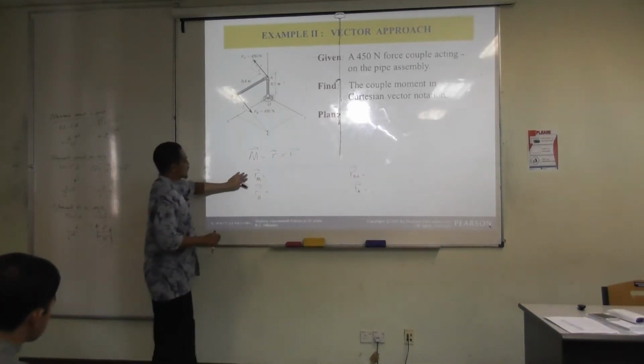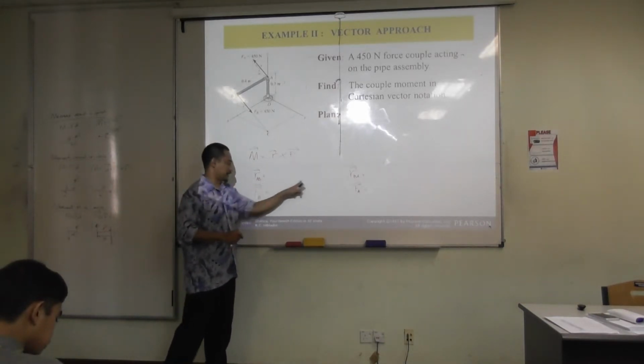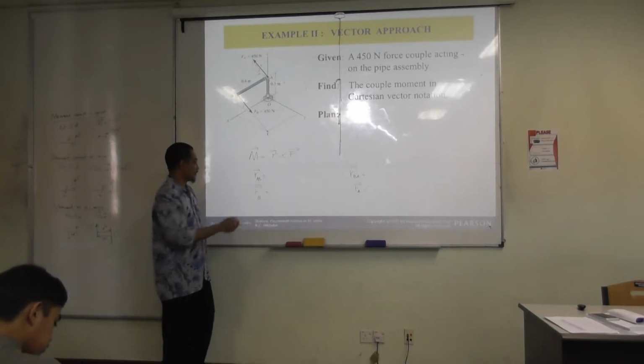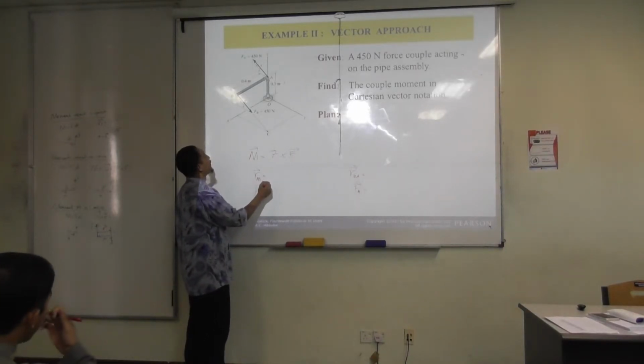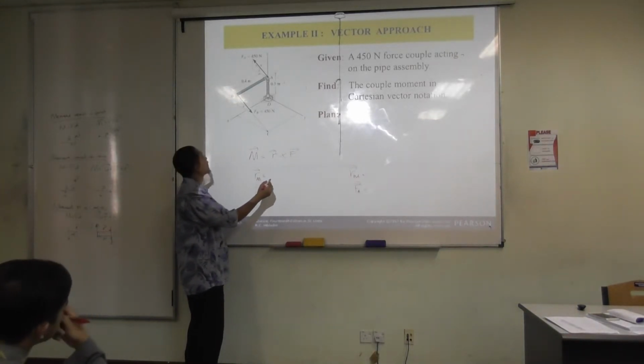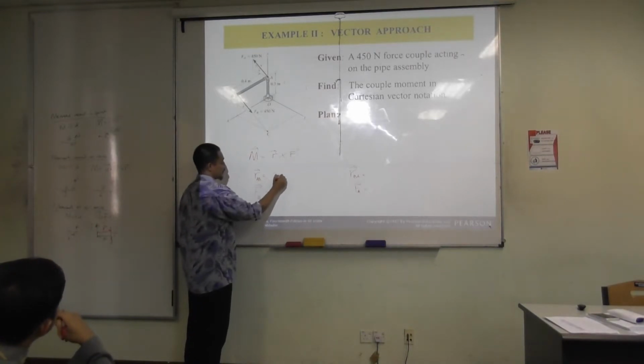Okay, so in this case, if you know this, then as long as you can express the vector, you can just plug into the matrix, right? So what is RAB? What's the vector? X component? 0.4. Right.